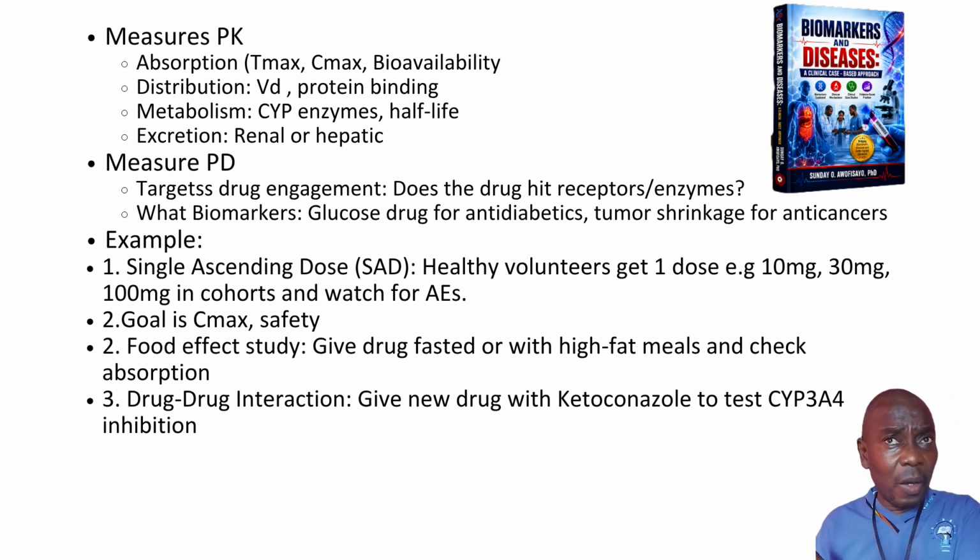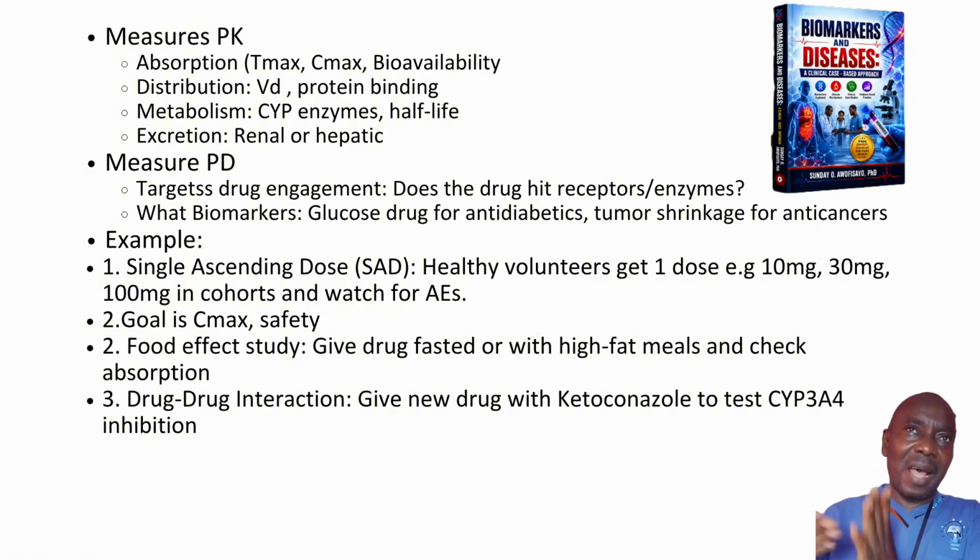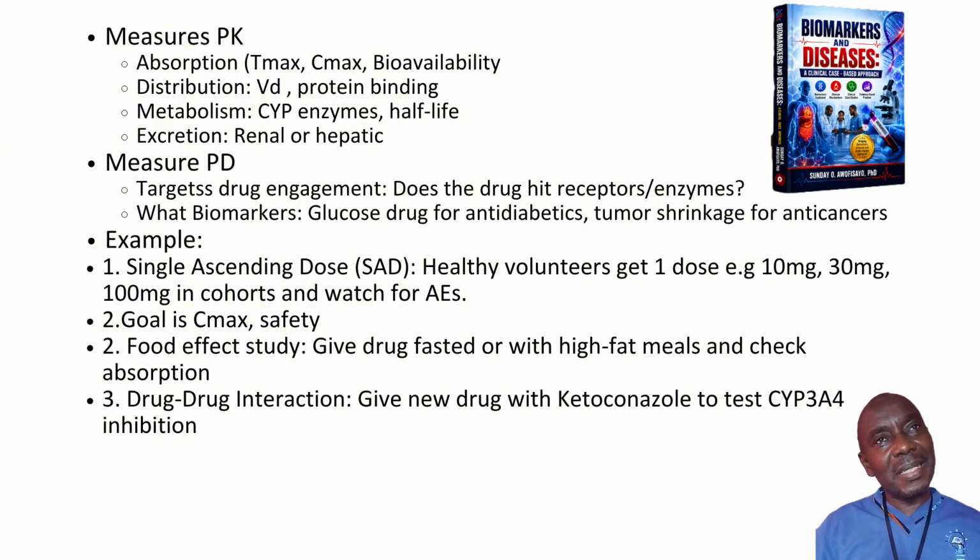Then those who are taking 100, is there any? So those are approaches that help us to ascertain the safety of this new drug that we claim can do wonders from in vitro or animal studies. Now that we're bringing them to humans, we want to be sure that what we anticipated is what we're getting.